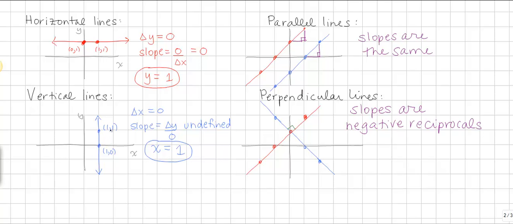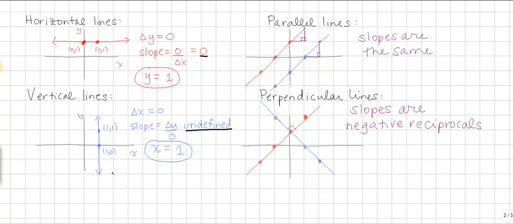If you're a vertical line, your x-coordinates are the same, so your change in x is 0, and your slope by calculation, change in y over change in x, is undefined. So here we have a slope of 0, here we have a slope that's undefined.